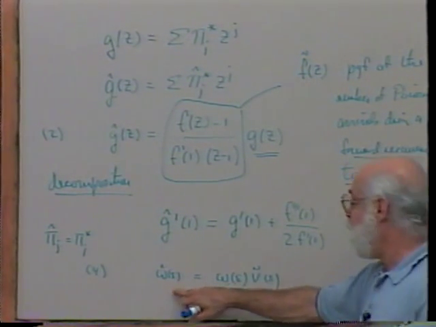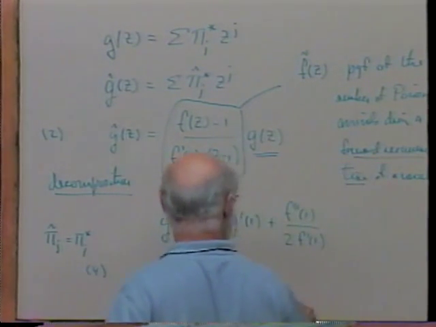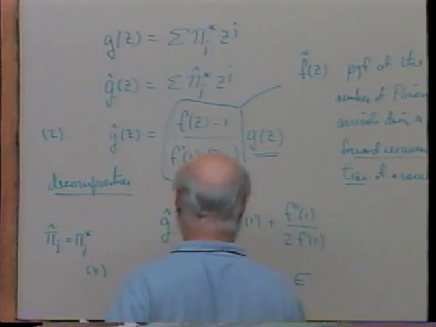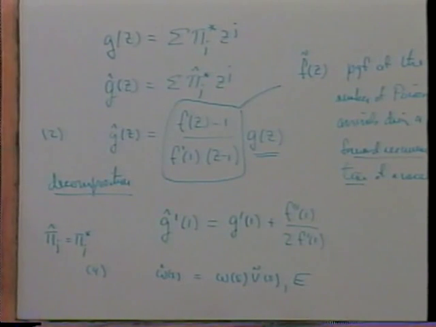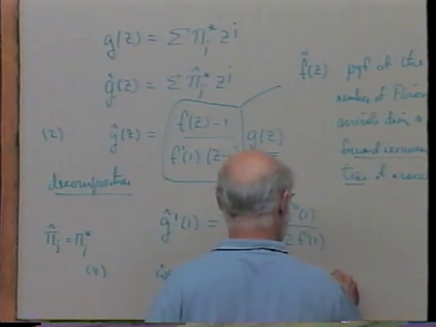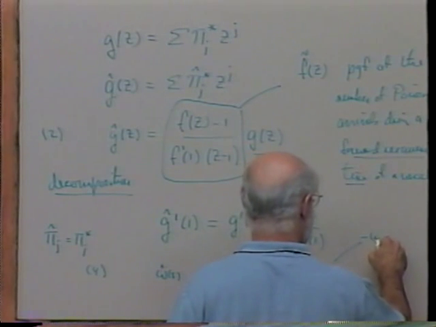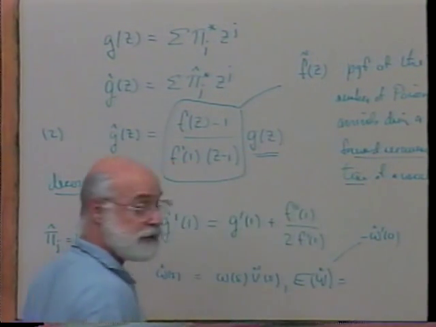Now, if I differentiate this to get the expected value, let's see, I guess I have room, I'll do it right here. I take the derivative with respect to s, set s equal to 0 and multiply by -1. Then I will get the expected value of the waiting time in the vacation model, that's minus omega hat prime evaluated at 0.